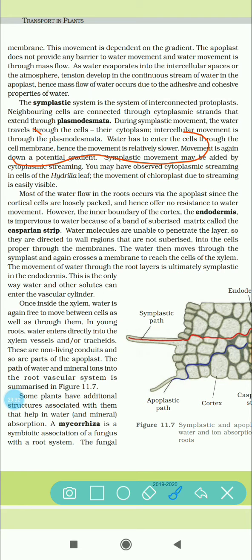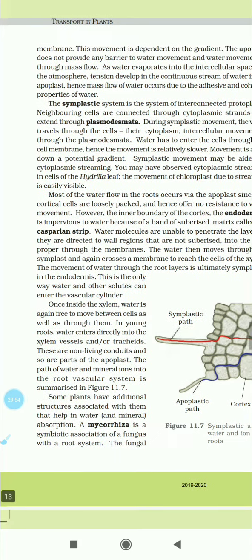It can also be aided by cytoplasmic streaming, that is, inside the cell the cytoplasm moves in a circular motion and it will move the water along. As you can see in the hydrilla experiment, if you have done it in your practicals, the chloroplast movement you can see easily in that. So the movement in the symplast mainly happens through the plasmodesmata.